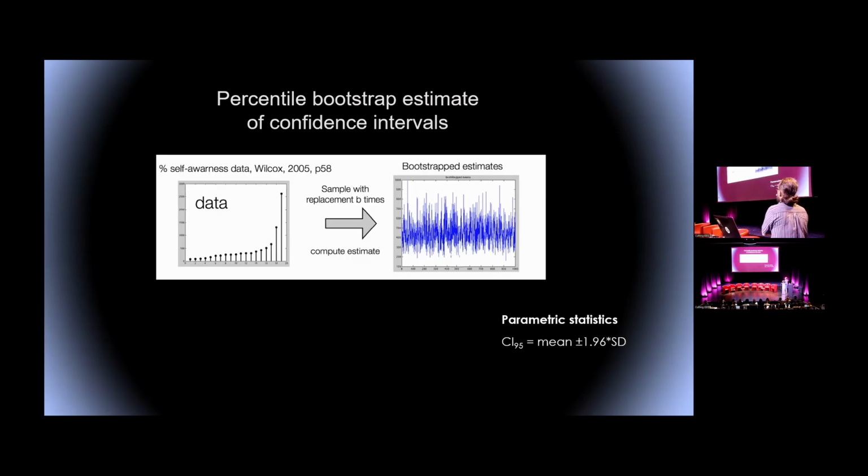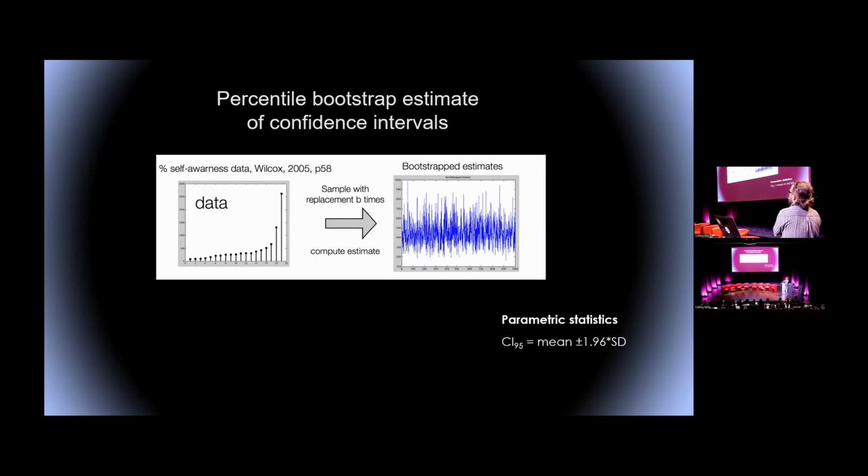This is from Rand Wilcox's book. Here's the percentage of self-awareness data, and we're going to compute the confidence interval for these measures. These were just questionnaires, and they entered a number from 0 to 19. And you can see here the number of answers.